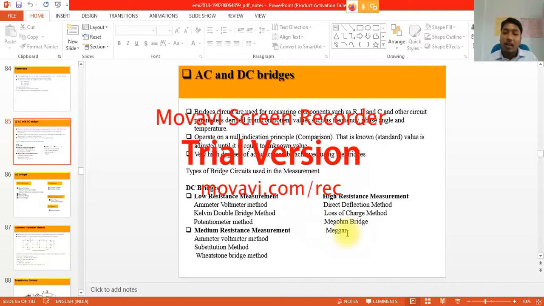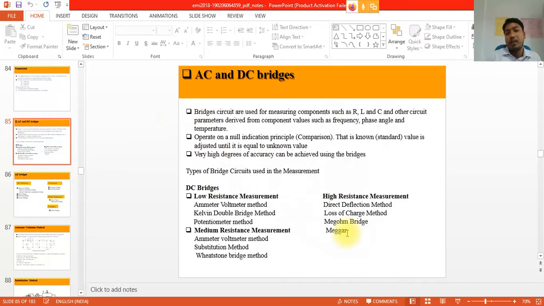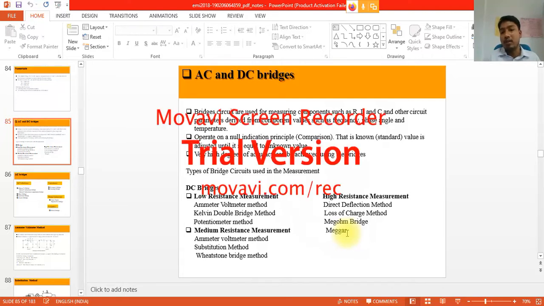That means high resistance exists inside the cables, inside the core of the transformer, inside machines, you can say motor or generator.